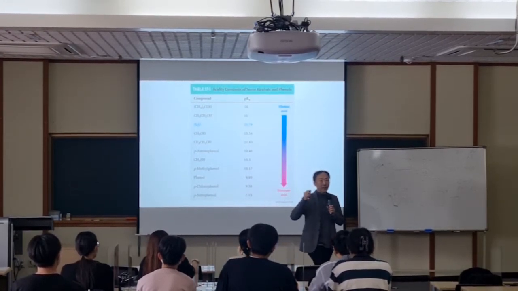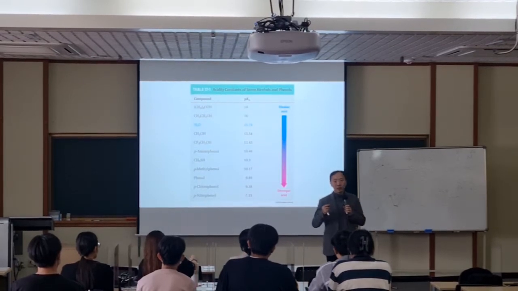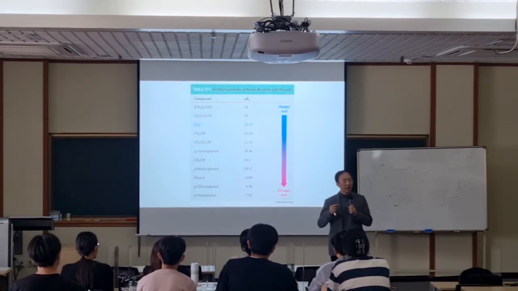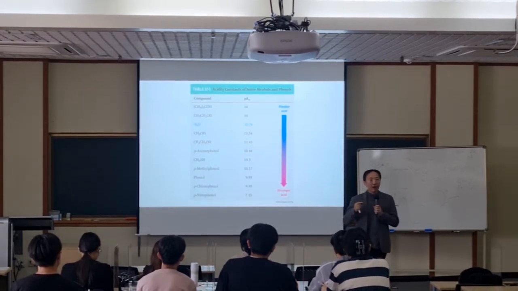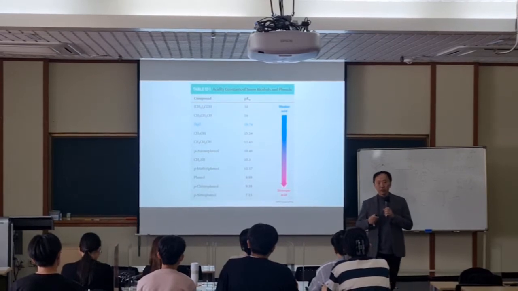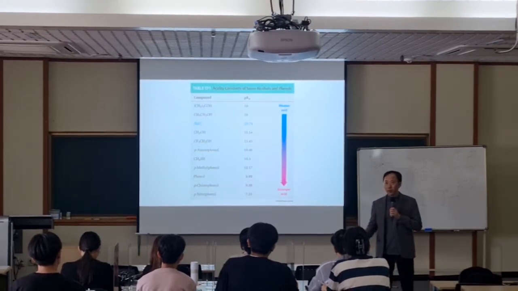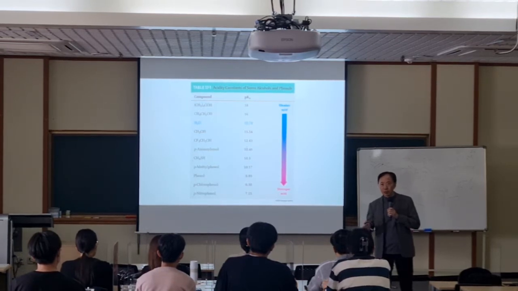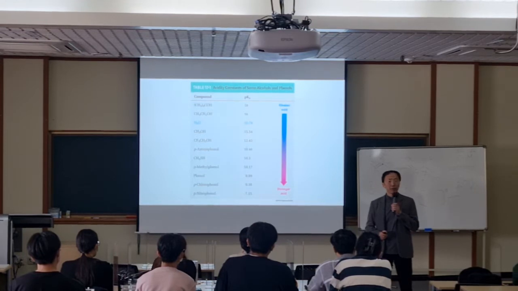Now, pKa 7 material, if we have, how does it behave in a pH 7 solution? Half of the material donates the proton. Half protonated, half donates the proton. That's pKa 7. That means it's quite a strong acid.